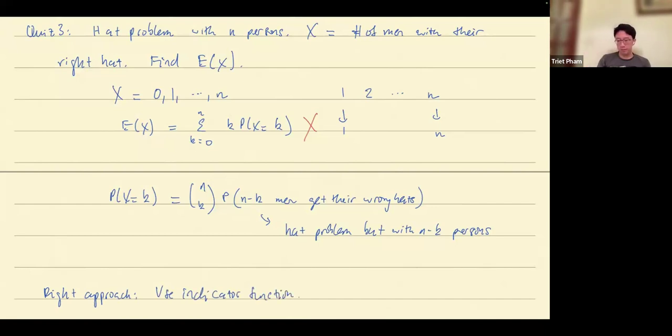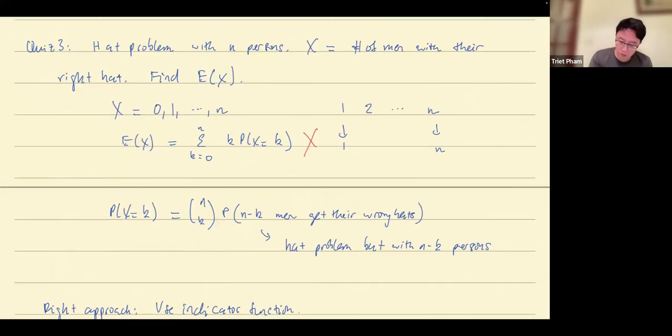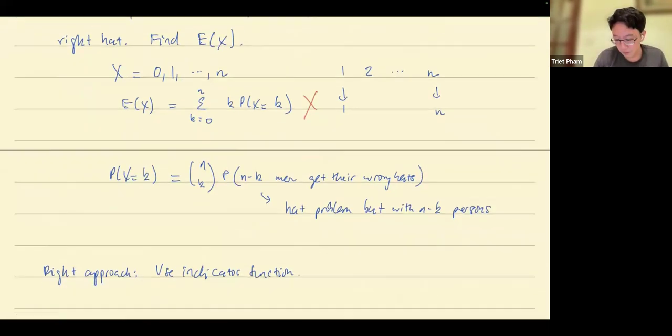What kind of indicator? Well, notice that x is the total number of men with their right hats. The word total is not written there, but it's sort of implied.